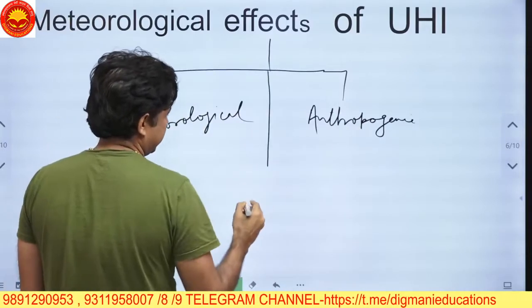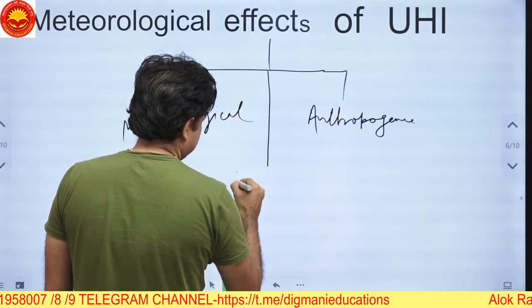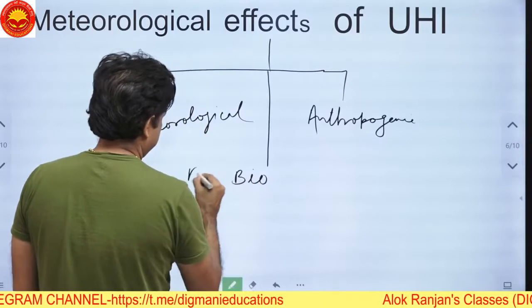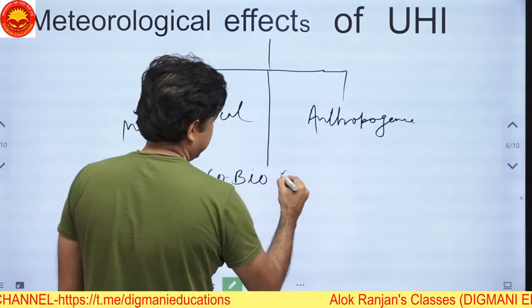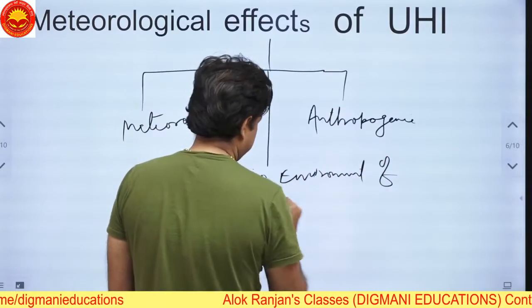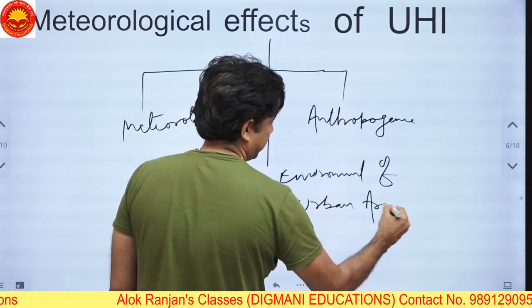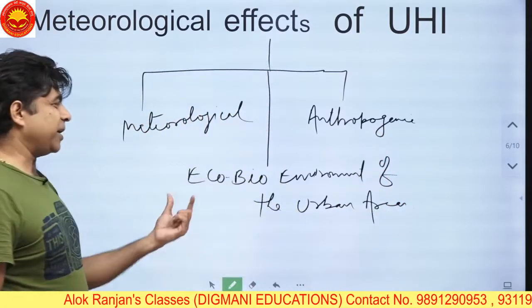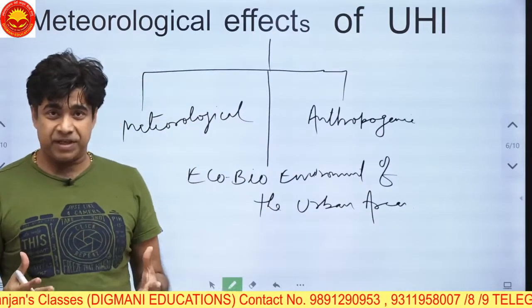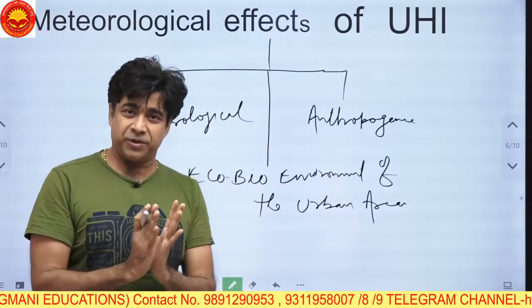And third could be the impact on the eco-bio environment of the urban areas. So whenever this question is asked, when impact is asked, you must formulate these three, and this kind of structuring for your answer.